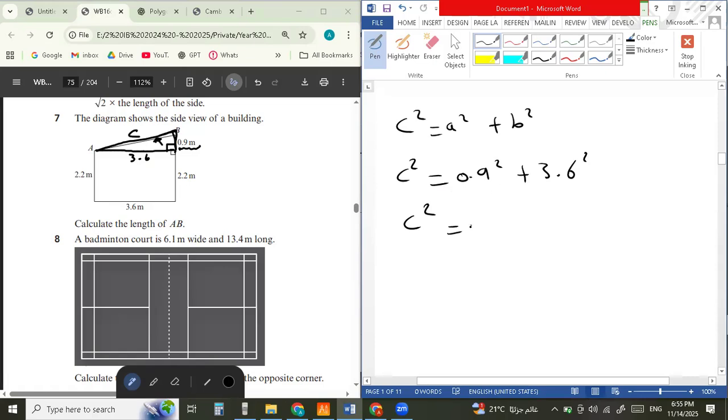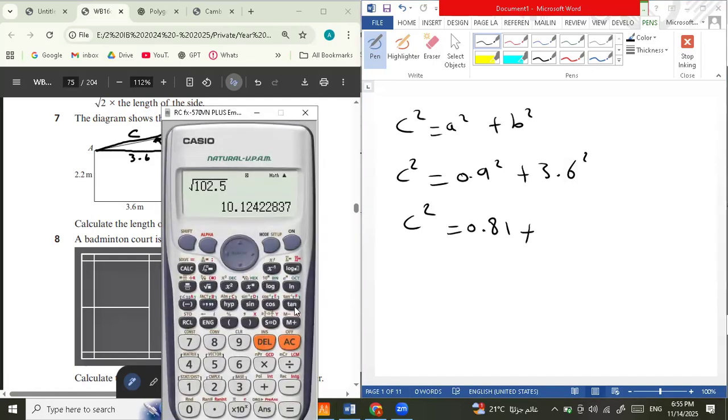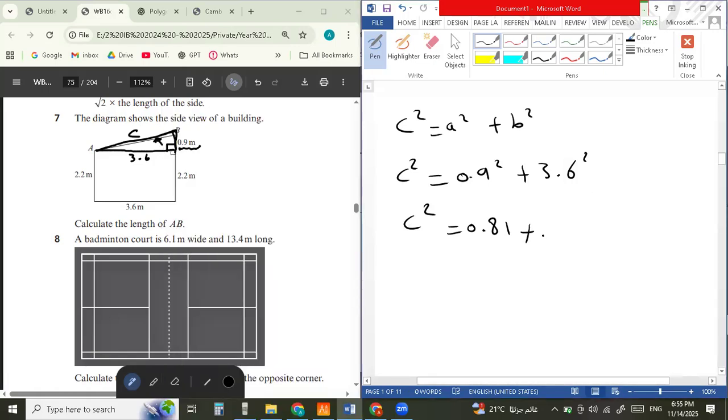You're going to find that this is 0.81, and 3.6 squared is 12.96. So C squared equals 13.77.